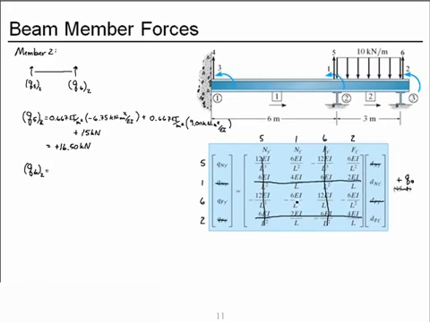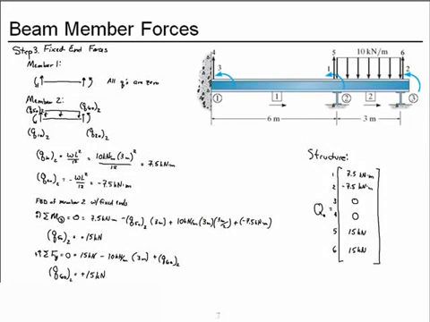We have minus 6EI over L squared, so minus 0.667 EI per meter squared times deformation 1, to which we add a minus 6EI over L squared times deformation 2 and to which we add the fixed end force for degree of freedom 6, member 2, which was also positive 15 kilonewtons.